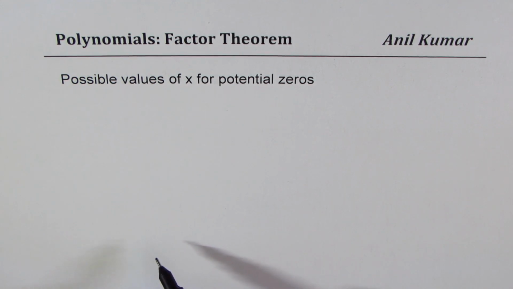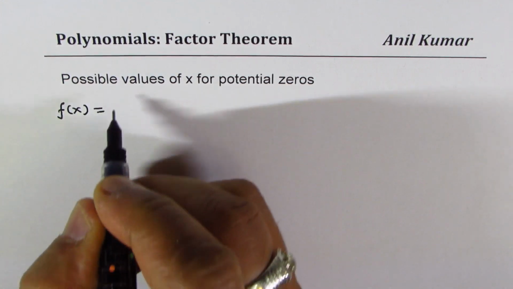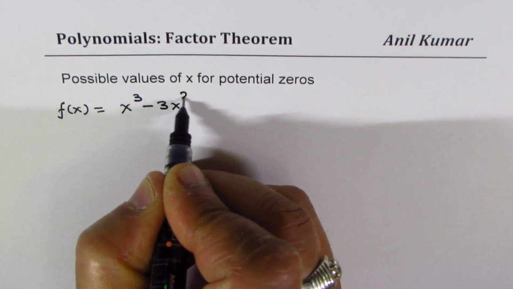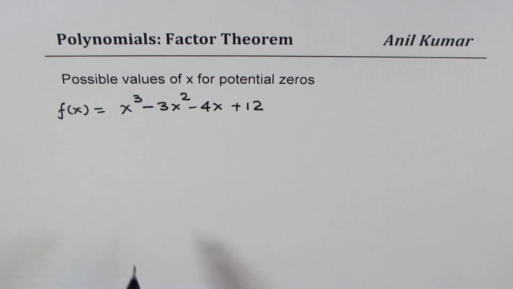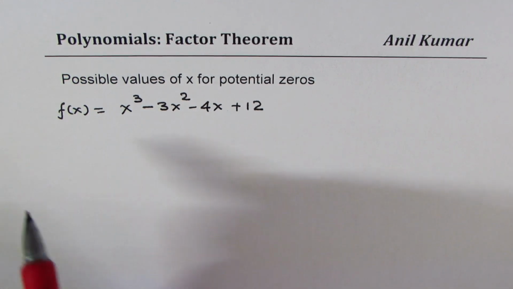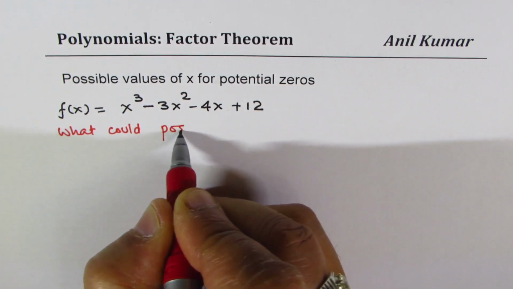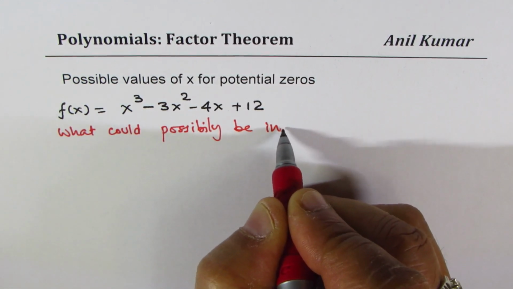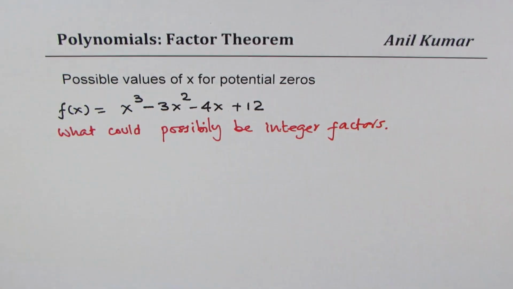Now let us take up an equation to give you some idea. Let's say f of x is equal to, let me write a cubic equation, x cubed minus 3x squared minus 4x plus 12. Now to factor this, we have to try out some values. Now the question here is, what could possibly be the factors? Let's talk about integer factors, right?